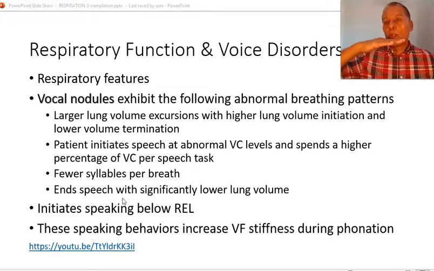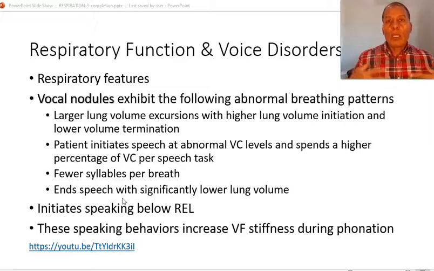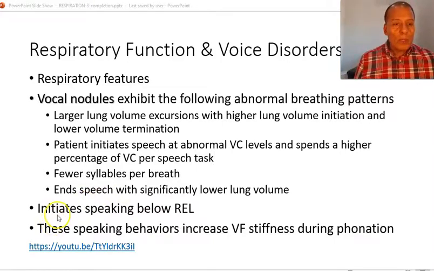Remember, when you go lower, you have to exert a lot of muscular force, because this is how you can put pressure on the lungs to increase the pressure in the lungs in order to expel the air. The patient initiates speaking below the resting expiratory level.